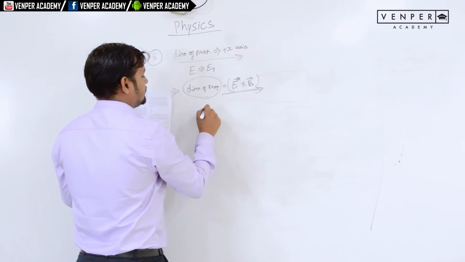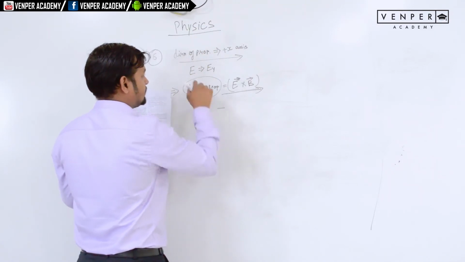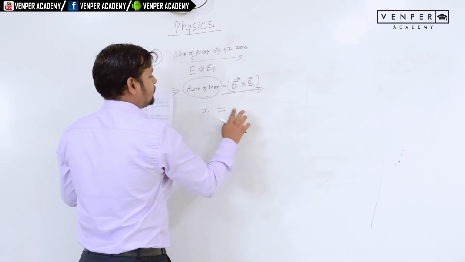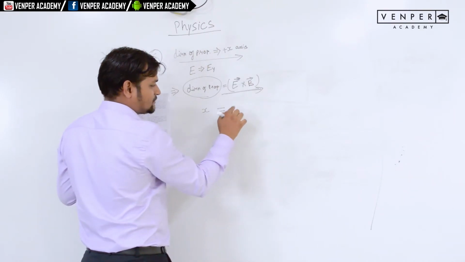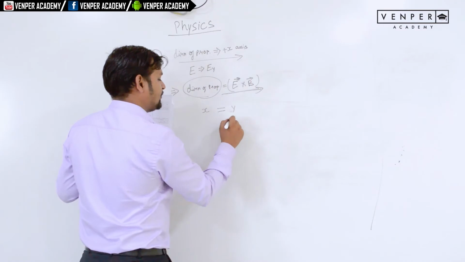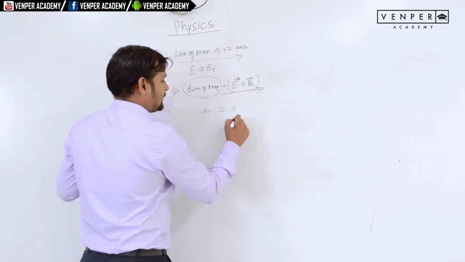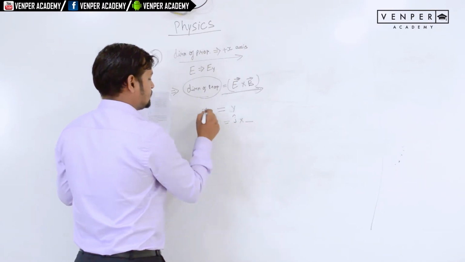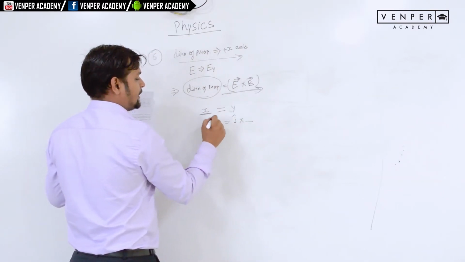So here the direction of propagation is along the x-axis, and the electric field is along y. In terms of unit vectors, I can write y as j cap, cross, we don't know what this one is, but we know x is i cap.